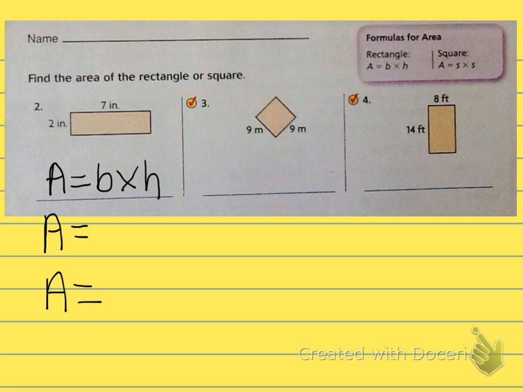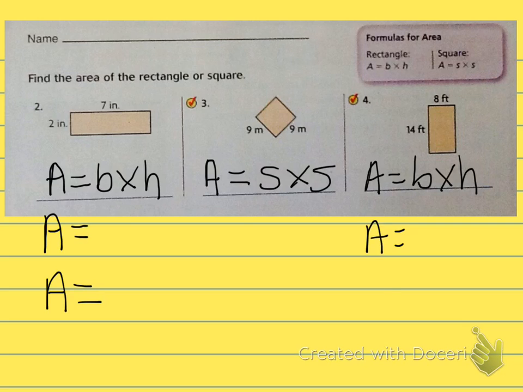And remember, area is in square units because it's the surface inside of the one-dimensional lines. It's a two-dimensional measure. So be sure to copy down the formula first, put in the numbers that you know, the dimensions that you know, and solve. Should have 3 lines, just like in the notes.